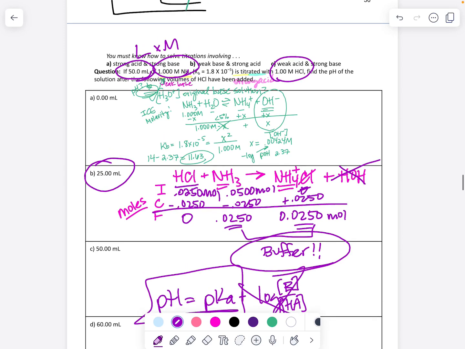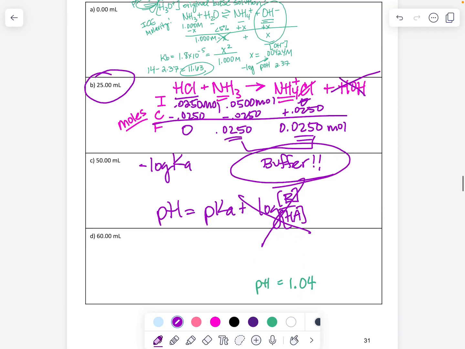So what I really need to do is take the negative log of that Ka, which we don't currently have. I do know that the Kb is 1.8 times 10 to the negative fifth. So I can do the negative log of 1 times 10 to the negative 14th, which is that Kw, that constant for water, divided by that constant, 1.8 times 10 to the negative fifth.